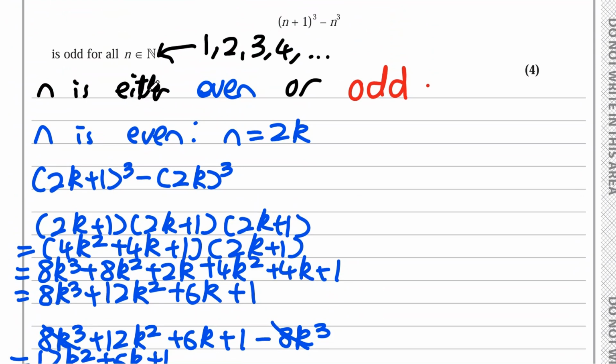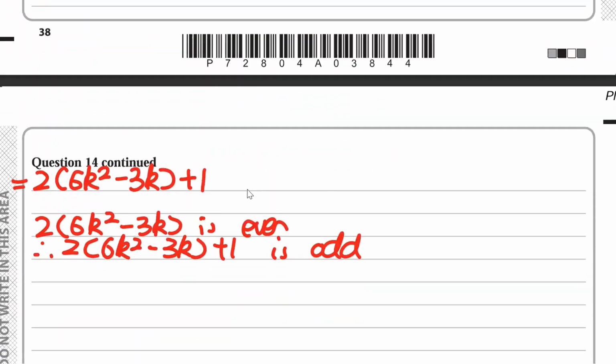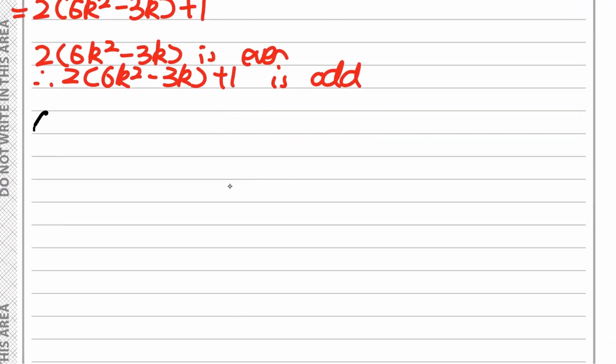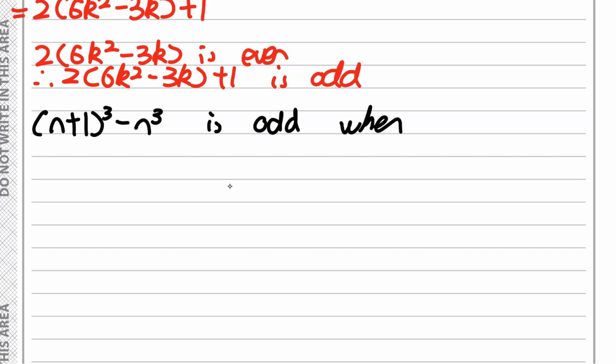So as we've proven it for both even or odd, remember for proof you need to write a statement at the end. So we have proven that n plus 1 to the power of 3 minus n cubed is odd when n is either even or odd, and as these are the two possibilities where n is even or odd, therefore we've proven it overall.